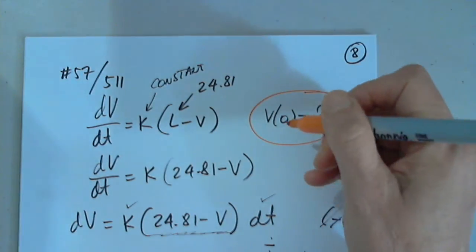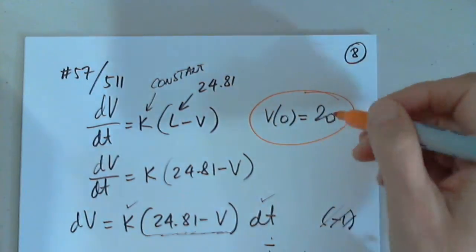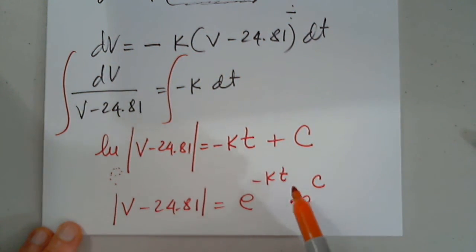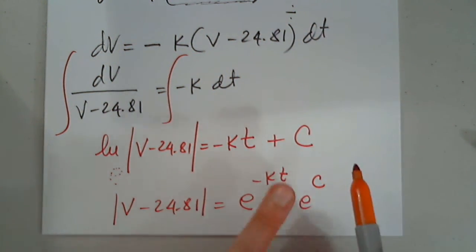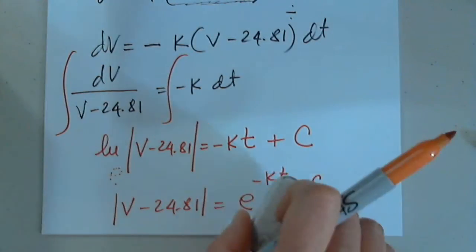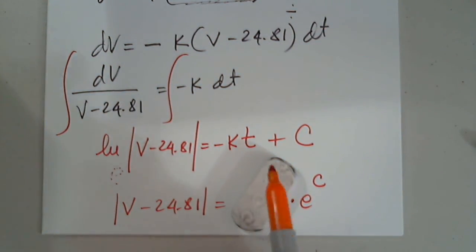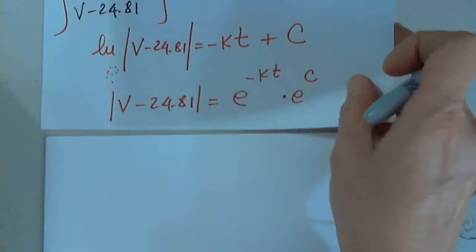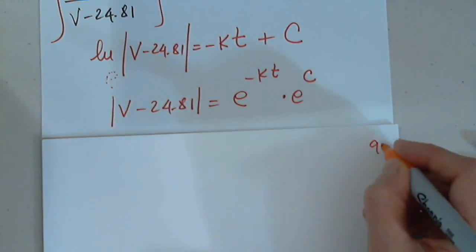V of 0, when t is 0, v is 20. When t is 0, this makes e to negative kt equal 1, and v is 20. So 20 minus 24.81 in absolute value will be e to c. So I have to go to the next page, sorry.